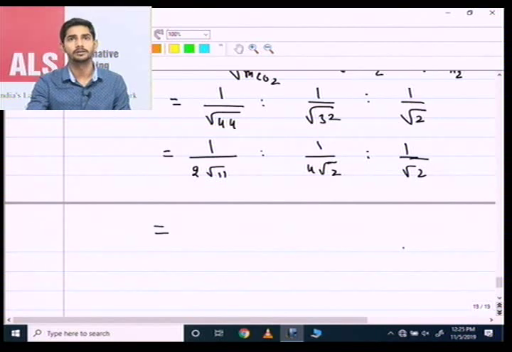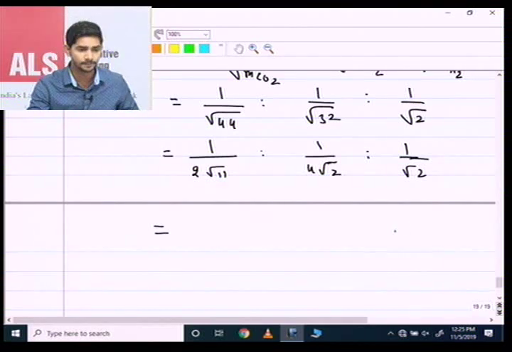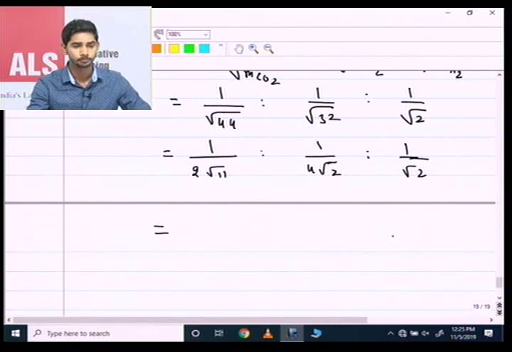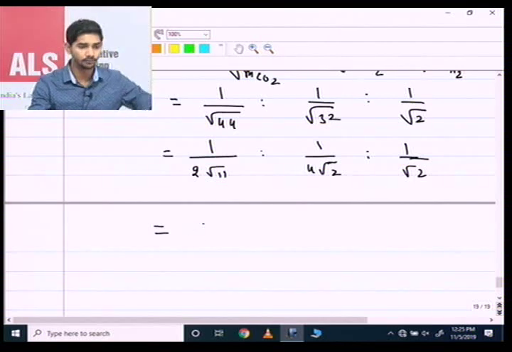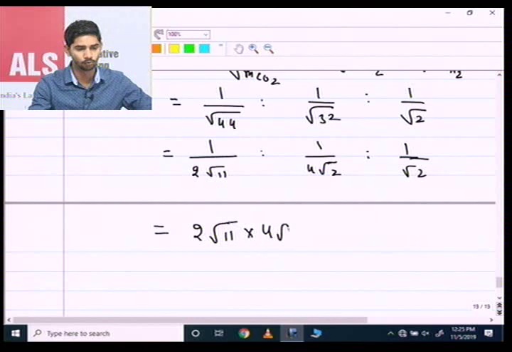So guys, I have to convert this into whole numbers, or we can say I have to remove these fractions. So what can I do? How can I remove this? I'll multiply both with 2 root 11 and 4 root 2.